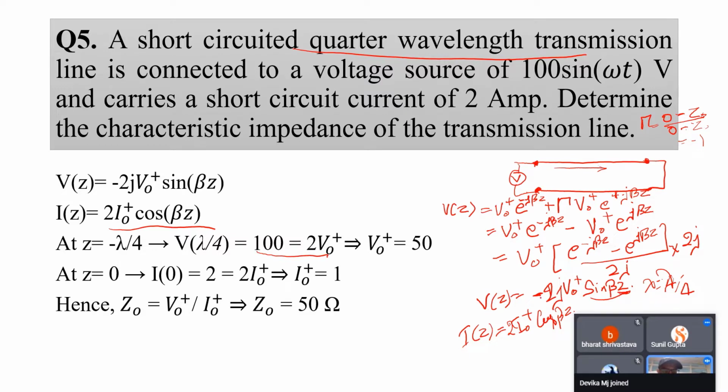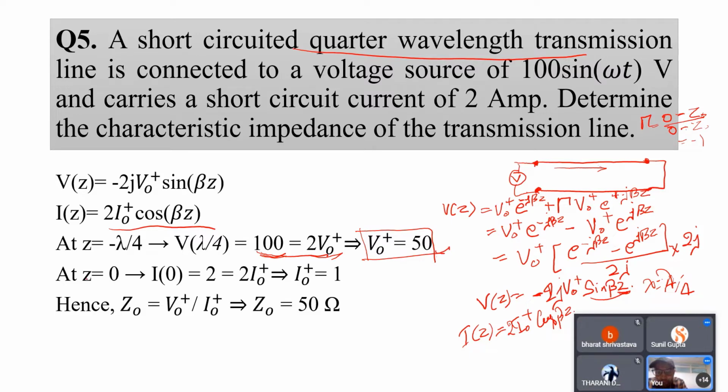This minus j term I am not including here because it contributes to the phase, not to the magnitude, that's why I am excluding this term. You just take 2 V naught plus is equal to 100. So from here you can calculate the value of V naught plus is equal to 50.